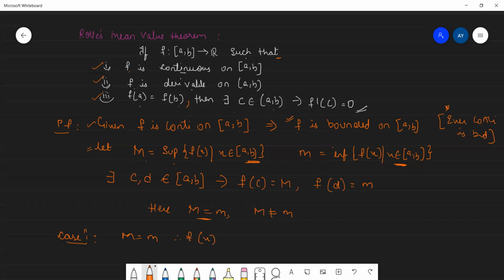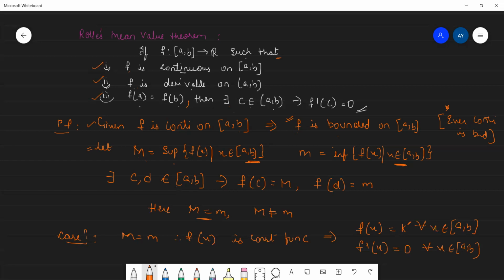Therefore, if M equals m, f(x) is a constant function. So from this, you can write f(x) equals k for all x belonging to the closed interval [a, b], where k is a constant. If you take the derivative of f(x), f'(x) will be strictly 0 for all x belonging to (a, b).